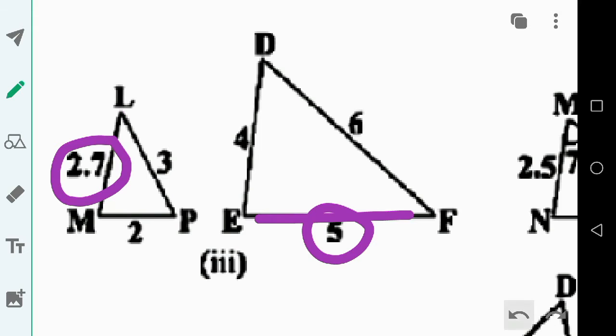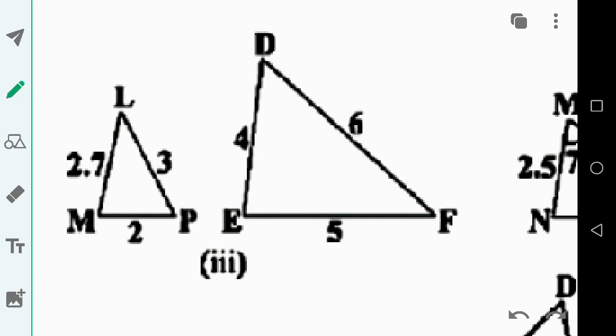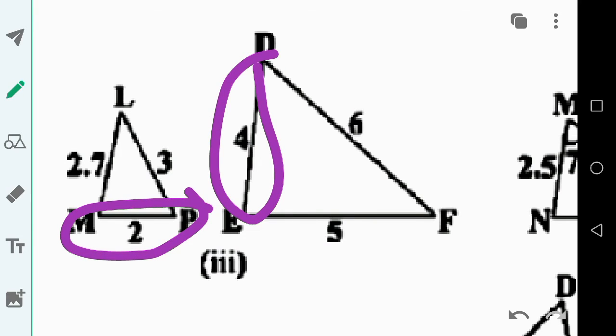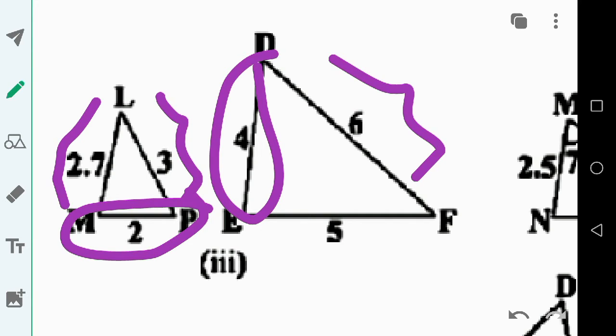Now here you see these two sides, MP by DE and LP by DF. So these two ratios are equal, but the ratio of LM and EF is not equal. That's why these two triangles are not similar.